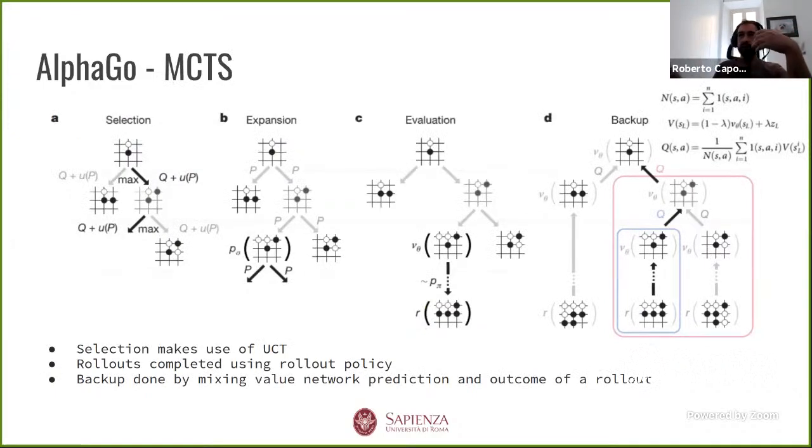So if we look at the Monte-Carlo research that AlphaGo uses, the phases are the usual ones.